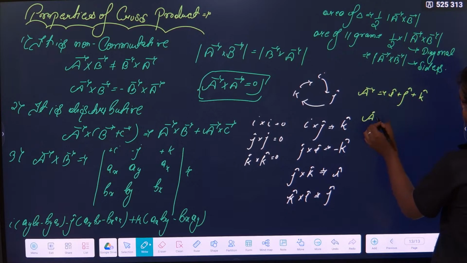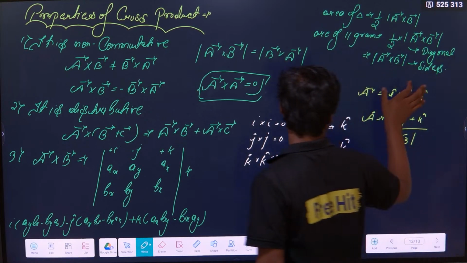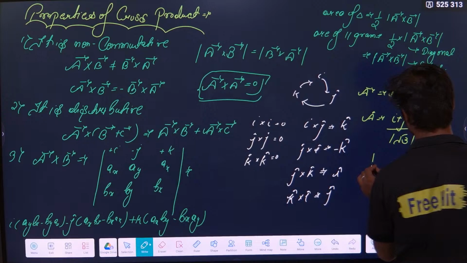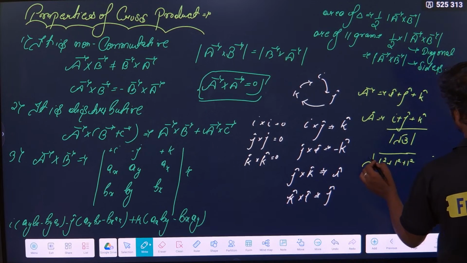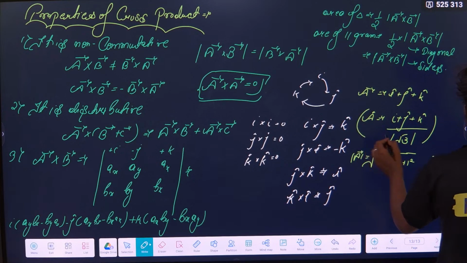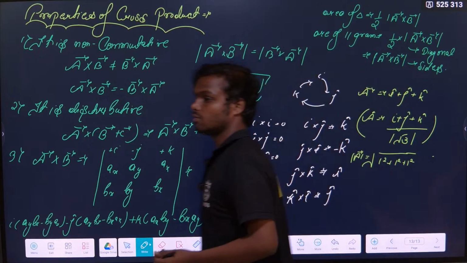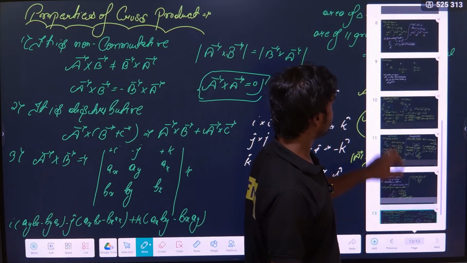Just write that vector as it is and divide it by its magnitude. The magnitude of this is root 3. Simple. You know how to find the magnitude, I have given you the formula: 1 square plus 1 square plus 1 square. Just divide by this magnitude, and it will be the unit vector. Like that you can find the unit vector of any vector. I have given you the formula also, you can see that formula.